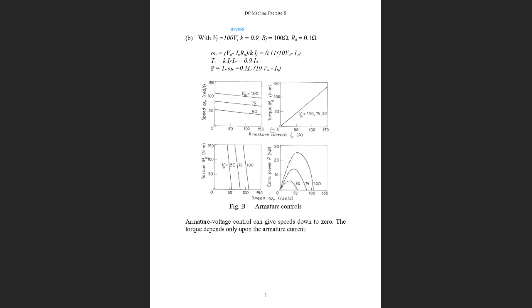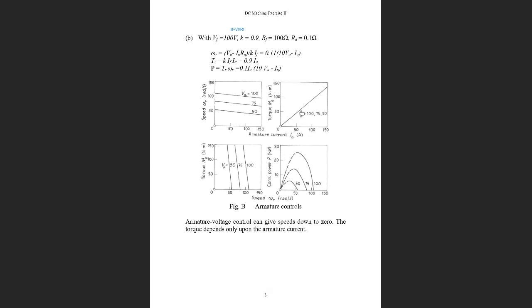No matter what the armature current is, the motor torque is related to the armature current by a straight line, with a slope determined by the field voltage rather than the armature voltage.